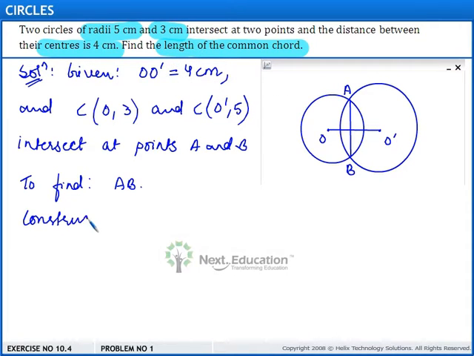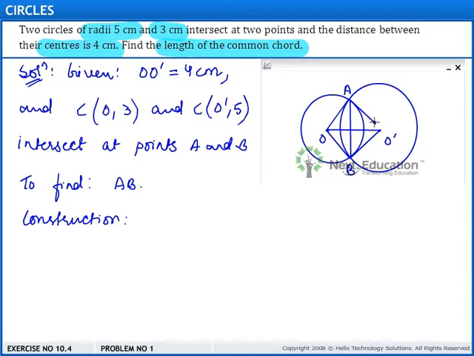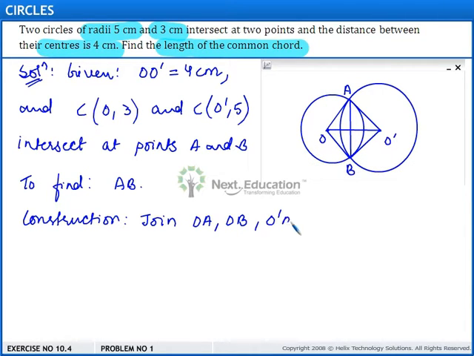First, let us do a simple construction. Let us join the point O and A, O and B, O dash and B, and O dash and A. Join OA, OB, O dash B, and O dash A.